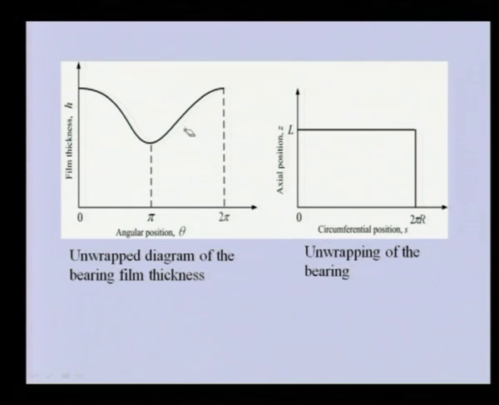This is basically because the Reynolds equation has two variables. One is the circumferential direction, another is the axial direction.